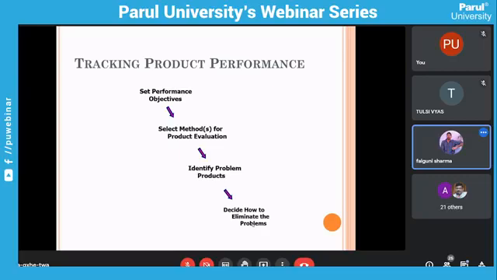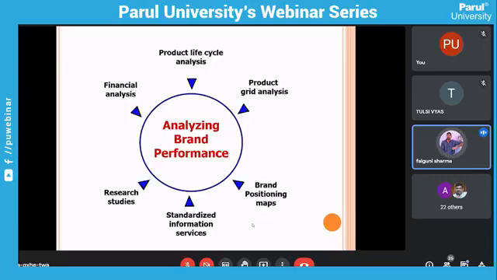Now, analyzing the brand performance. How do we analyze the brand performance? There are a number of things through which we have to analyze. First, the product life cycle analysis: how we start our product, what the positioning is, meaning what the buyer is looking for, that is the positioning we give.